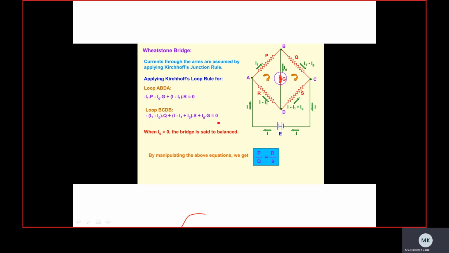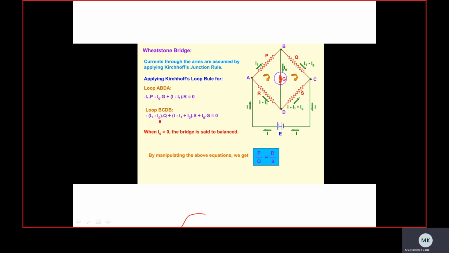Now the bridge is said to be balanced when the current through the galvanometer is 0, that is, Ig equals 0. So in both the above equations, put Ig equals 0. When you put Ig equal to 0, this term will vanish.